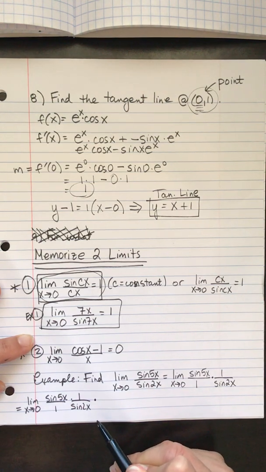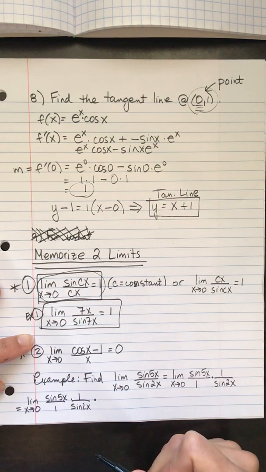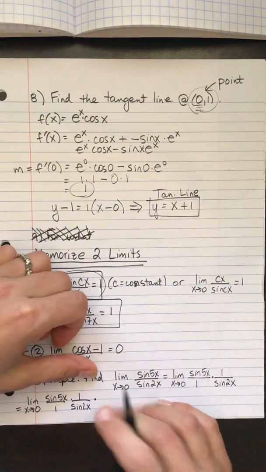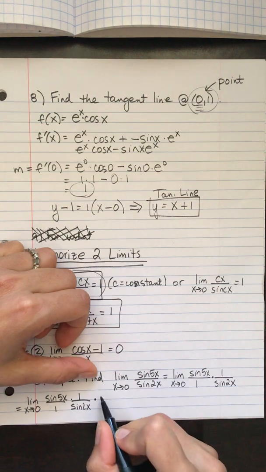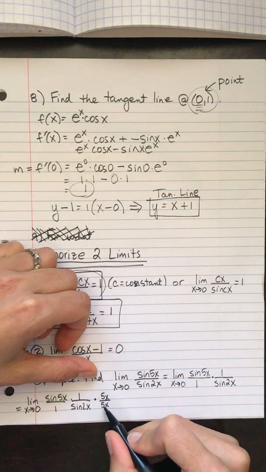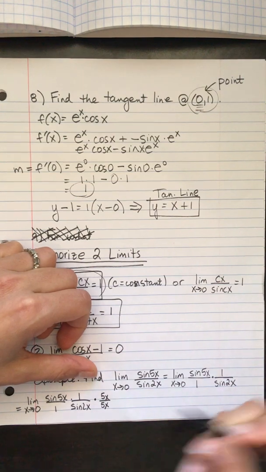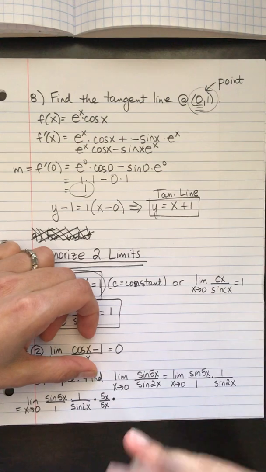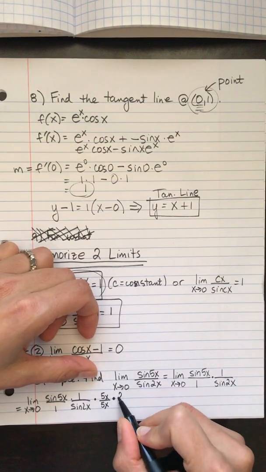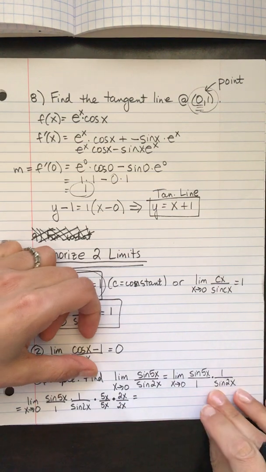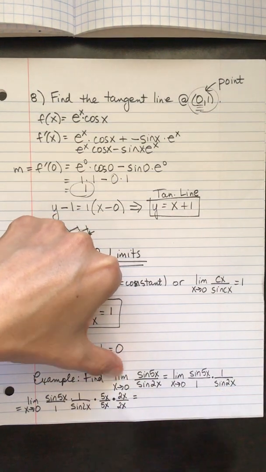You can multiply a fraction by 1 anytime you want. It won't change it, as long as whatever you multiply by actually equals 1. The 1 I'm talking about is 5x over 5x. 5x over 5x is 1, right? I'm also going to multiply by another 1, and that is 2x over 2x. And then I'm going to rearrange the multiplication the way I want.